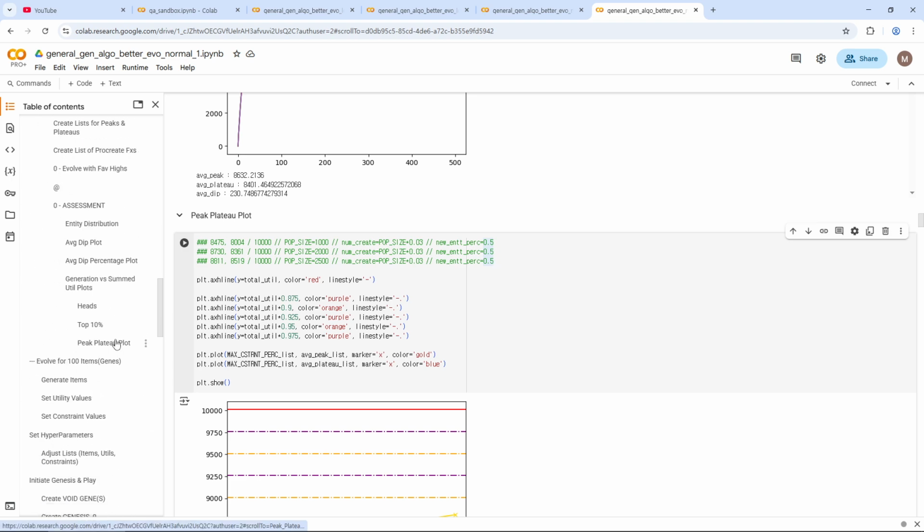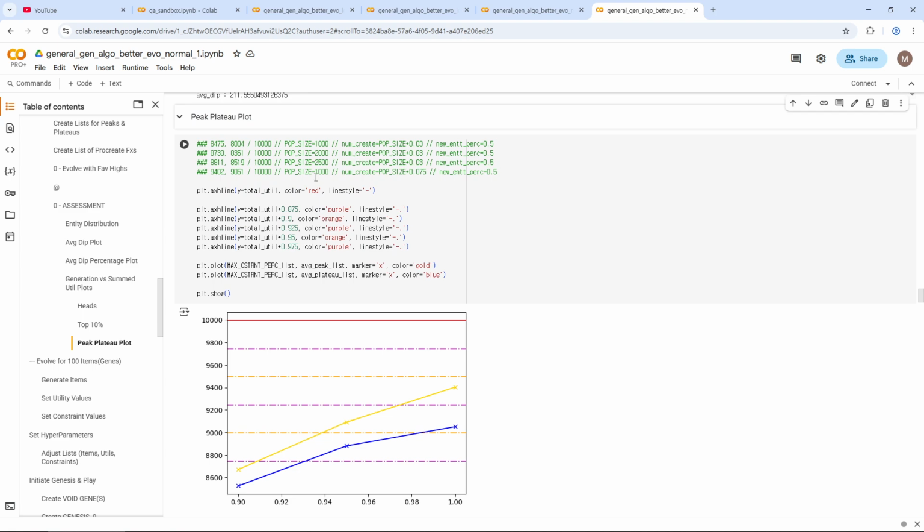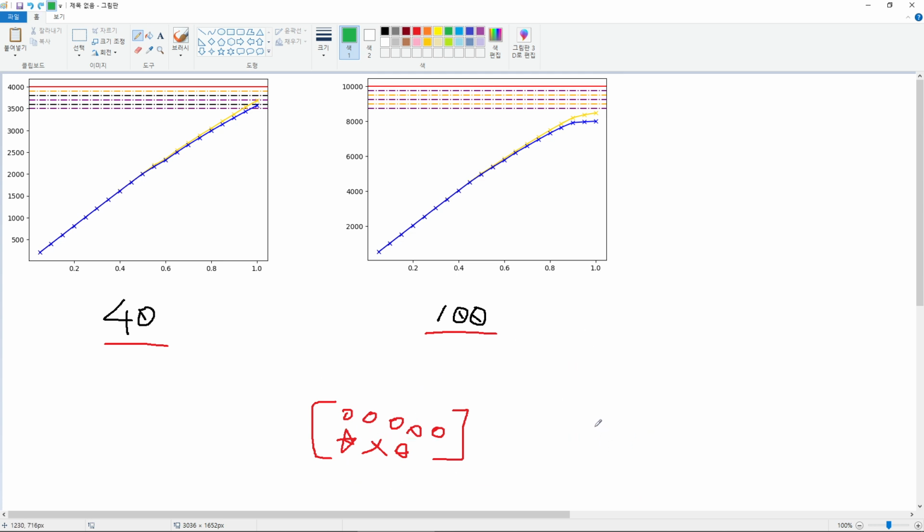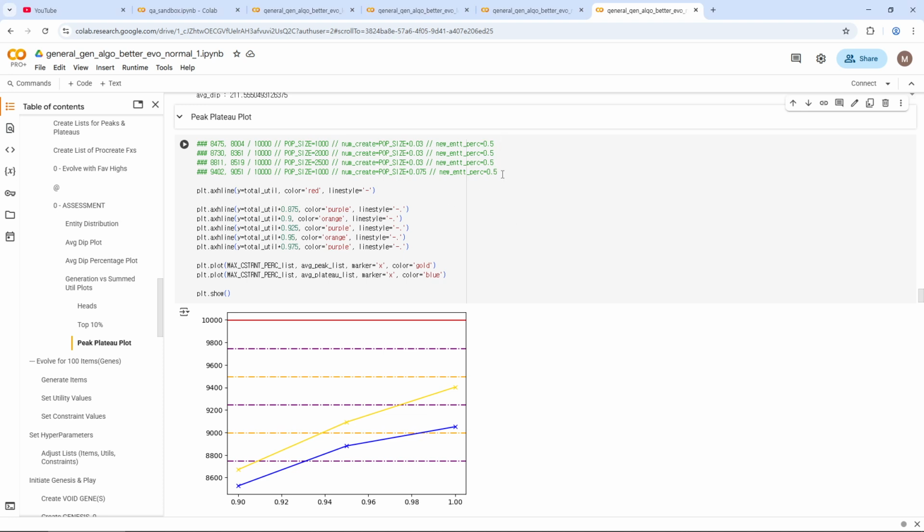That's what I did over here. I have the population size at 1000, and the numCreate is population size times 0.075, which is 7.5%. And the new entity percentage, the percentage at which these are selected, with allowing for duplicates, is 0.5, and this is what I got: 9402 and 9051.